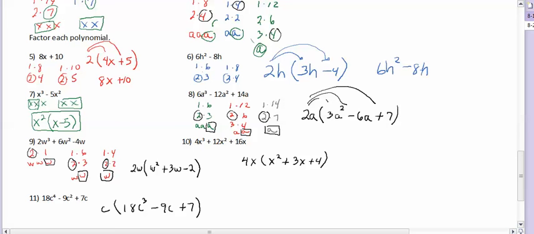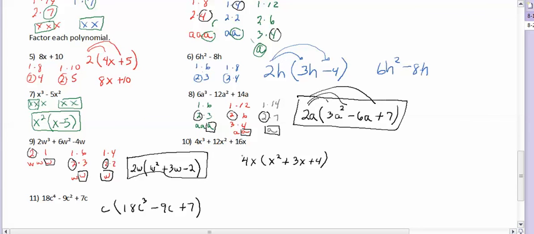When I multiply that out, that's what I'm going to get. That was my final answer right here. That's what you should have come up with. Number 9, again I showed you my work. In case you're not sure what I did, you might want to look at that. My final answer is right here: a w times w squared plus 3w minus 2.